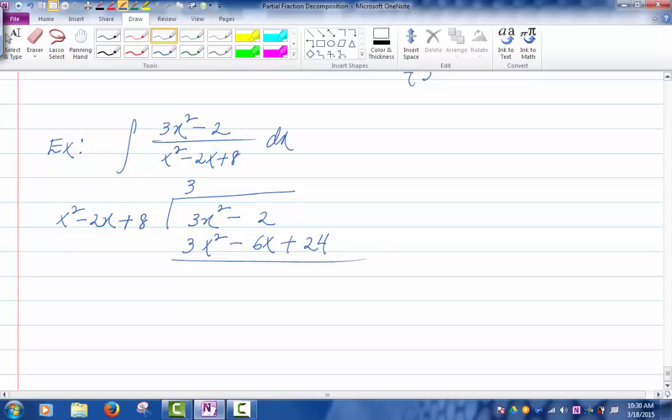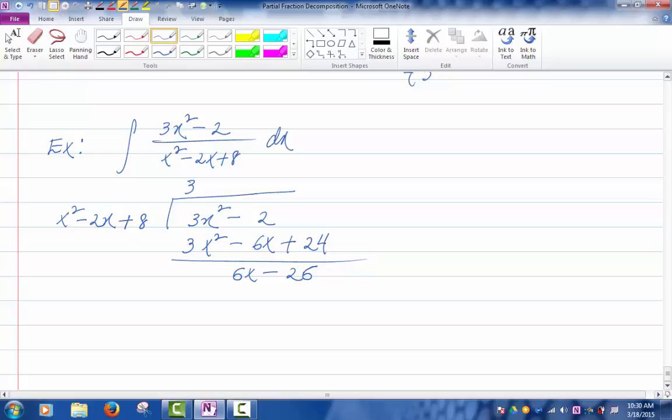And then I have to subtract, and if I subtract, what am I getting? 6x minus 26. Is everybody okay with that? If you don't like the idea of subtracting, just change the signs of the bottom row and then add. Okay?